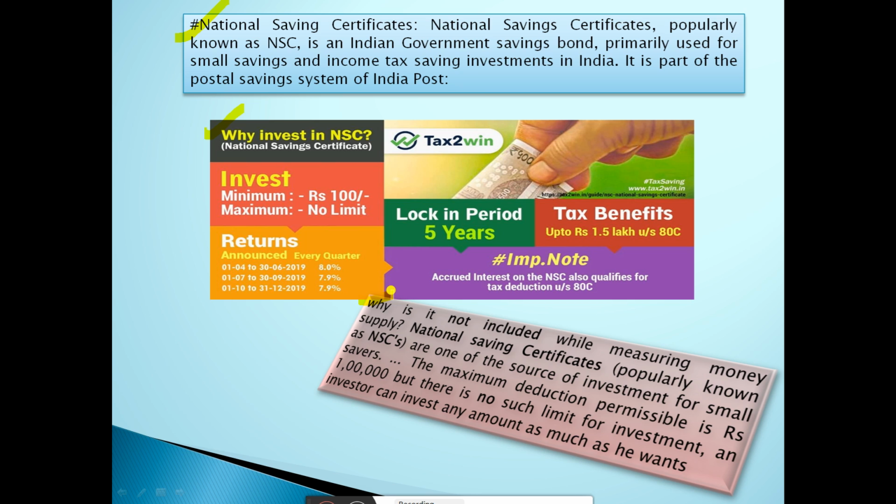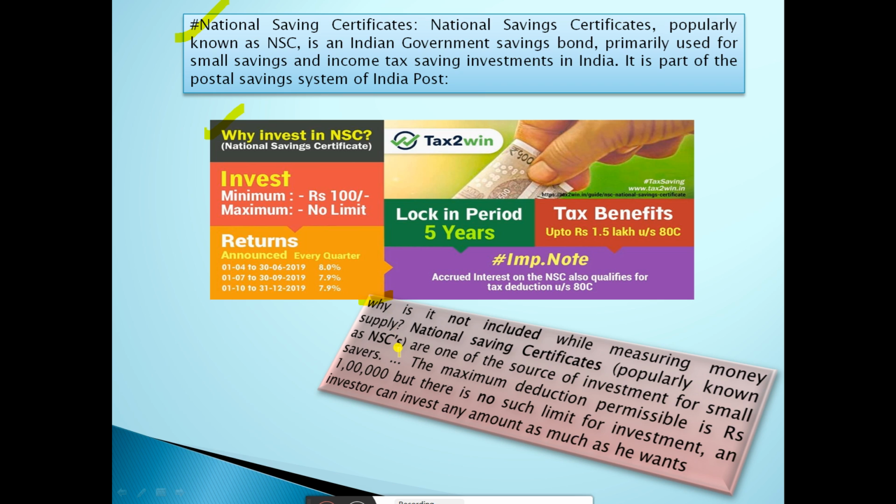Whatever the four measures we have already got, that is M1, M2, M3 and M4, among these M1, M2 and M3 are more liquid, but M4 is not as liquid, meaning we cannot convert it directly to money. It takes time.